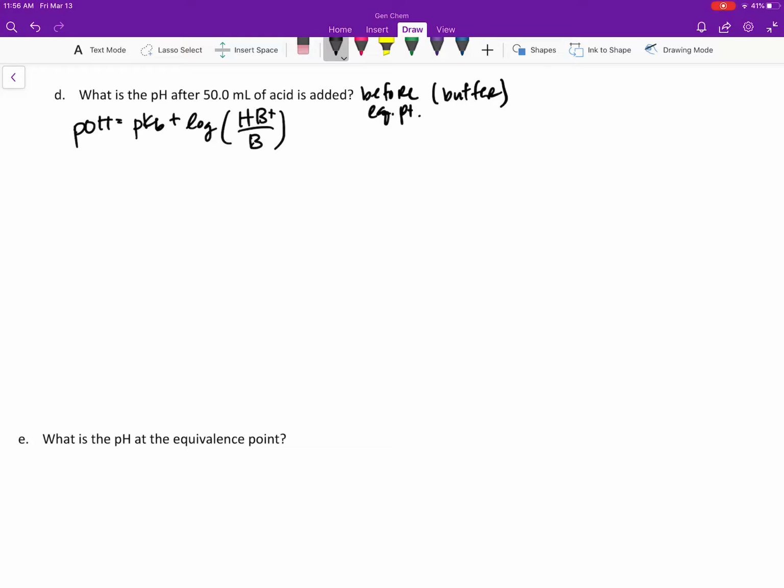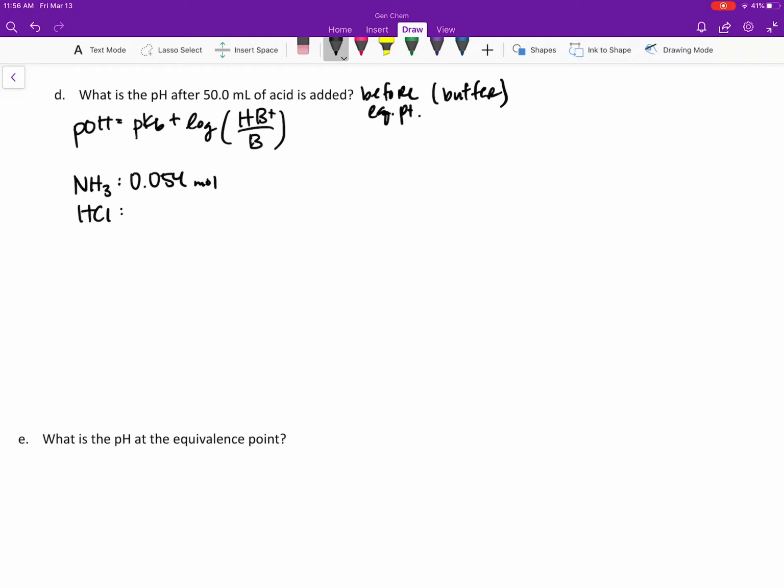Okay, so I need to know my new value of ammonia and ammonium. To do that, I have to take into account how many moles I started with, how many moles have reacted, and divide them by the new volumes of my things that have been added together. I'm starting off with 0.054 moles of ammonia. I know that because I calculated that already.